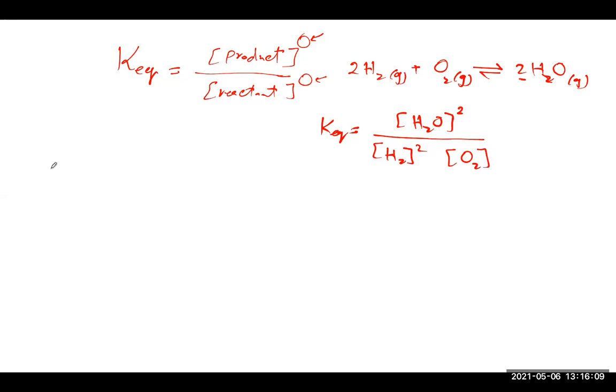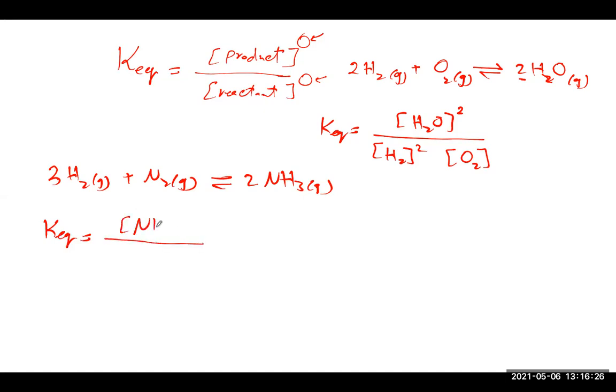And if you have a reaction like 3H2 gas plus N2 gas, it will give you 2NH3 gas. Again, the equilibrium constant expression will be NH3 to the power of 2 over N2 times H2 to the power of 3.